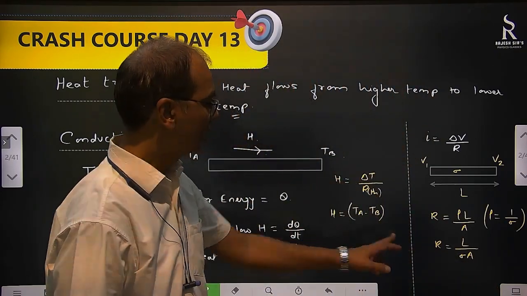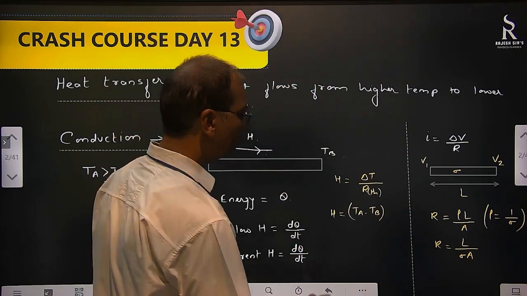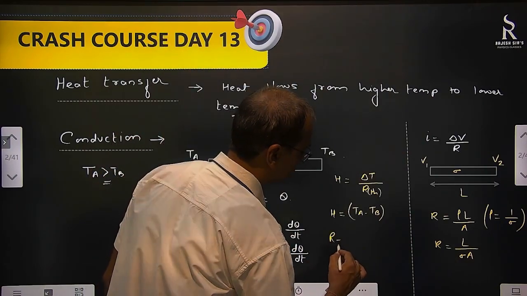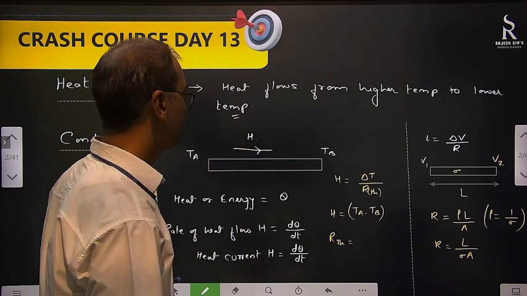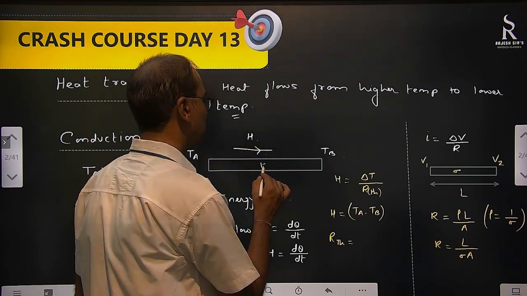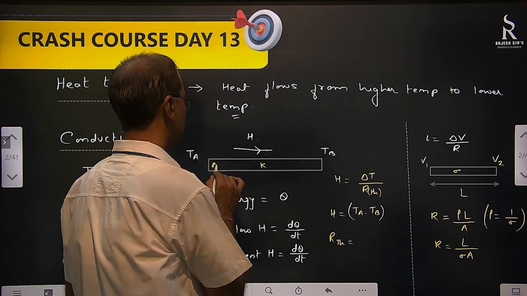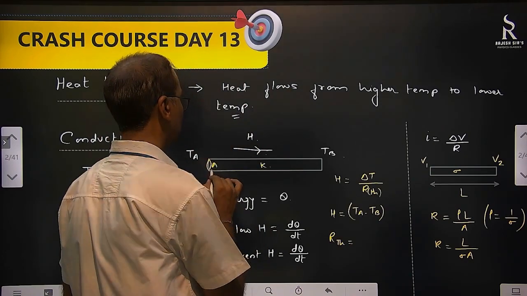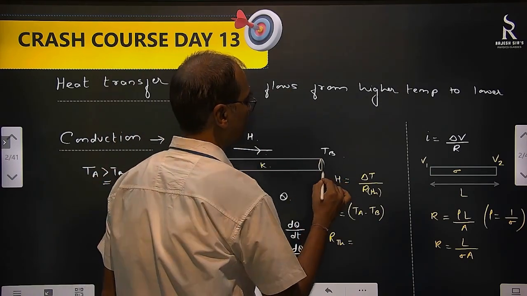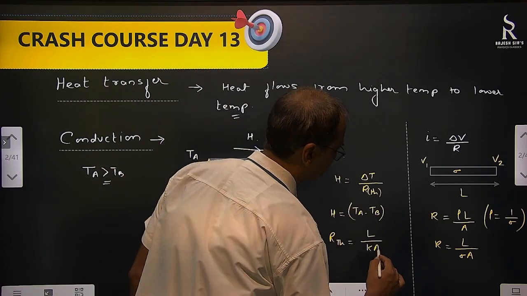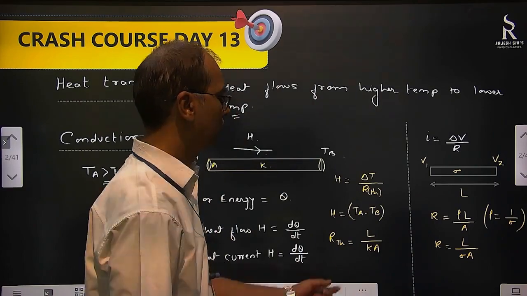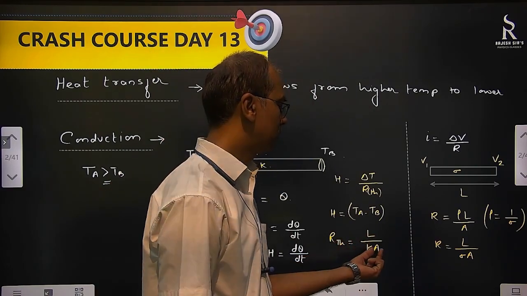Exactly the same thing here. Thermal resistance is L by thermal conductivity into A. Suppose its thermal conductivity is K and the area here is A, then thermal resistance is going to be L by KA. Exactly the same way: length of the rod, thermal conductivity, area.